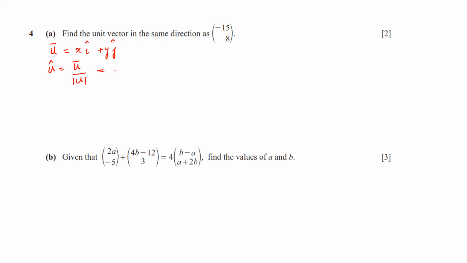The u magnitude in this case will be the square root of x squared plus y squared. So this will become x divided by the square root of x squared plus y squared i hat plus y divided by the magnitude, the square root of x squared plus y squared, j hat.